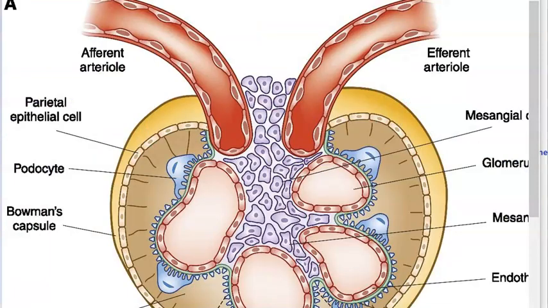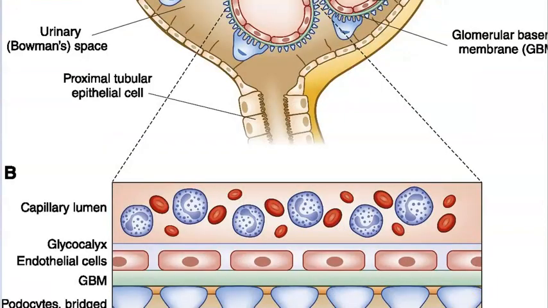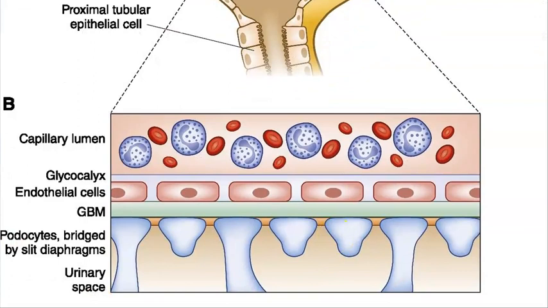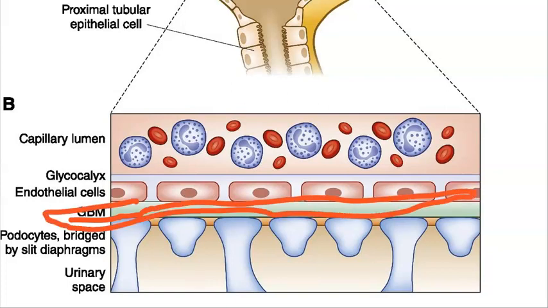Now, let us look at one more diagram and we will ask you the questions. Look at this. Where is the glomerular basement membrane? Here. If the glomerular basement membrane is affected, what will you see? Nephritic syndrome. Very good.